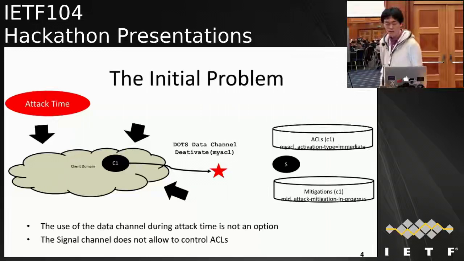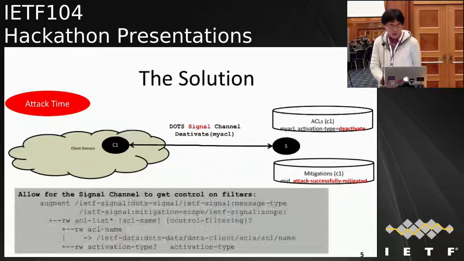However, in the current specification over the DOTS data channel, there is no chance to convey the control of ACLs in other organizations, mainly because the data channel is over TCP. So our solution is using the signal channel, which has a more compact wire format. Then we can enable the switching on and off of the ACLs already implemented at the other end of the DOTS protocol.